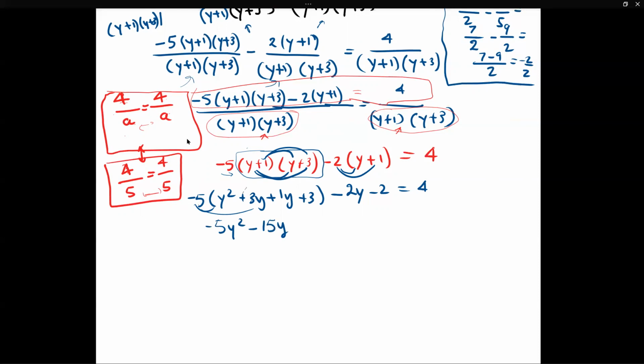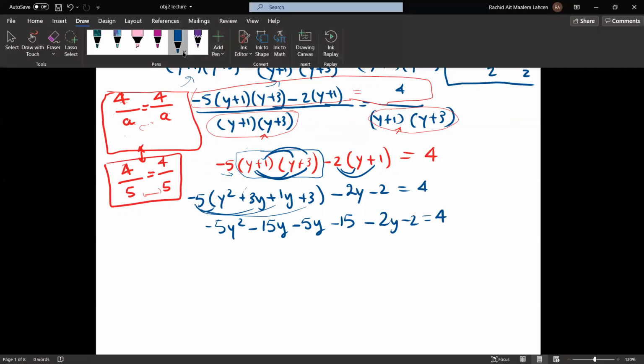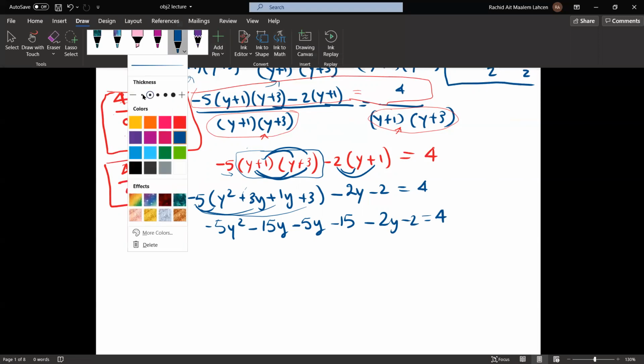Well, I could combine like terms or multiply either way. -5y, -15 minus 2y minus 2 equals 4, right? Let's make this maybe that one.